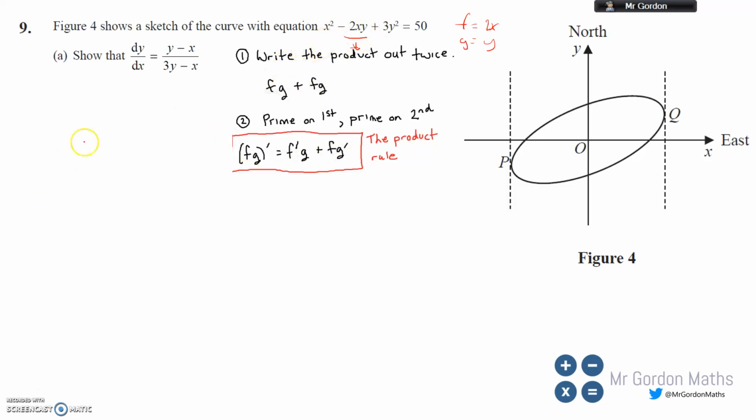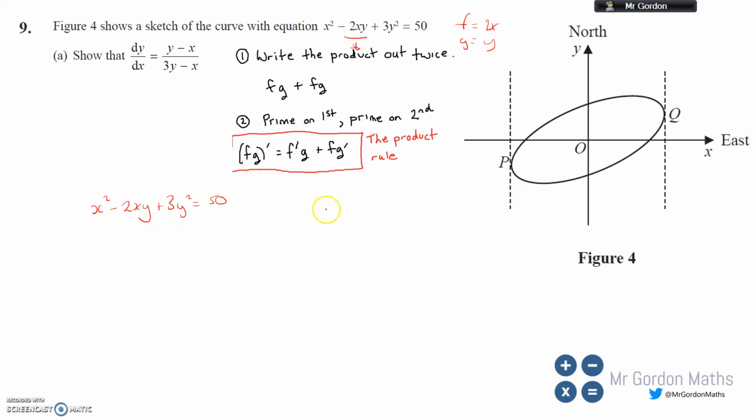So let's start by rewriting this out. We've got x squared minus 2xy plus 3y squared equals 50. And what type of differentiation are we going to use if we've got x's and y's in the equation?